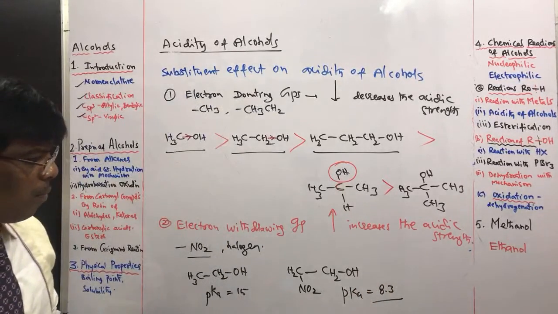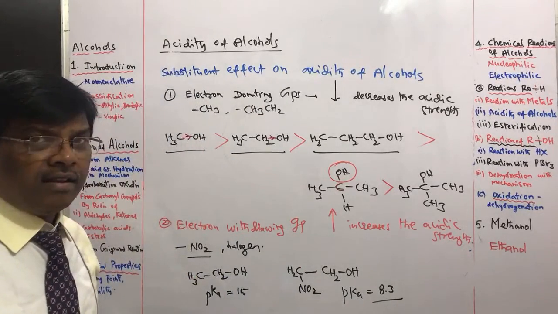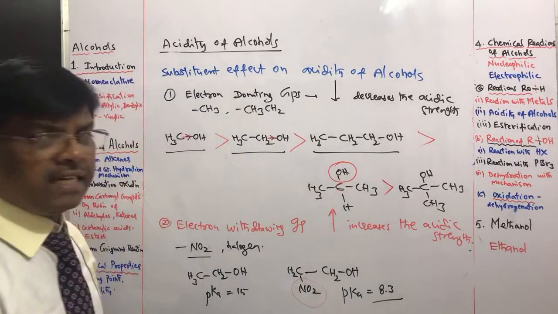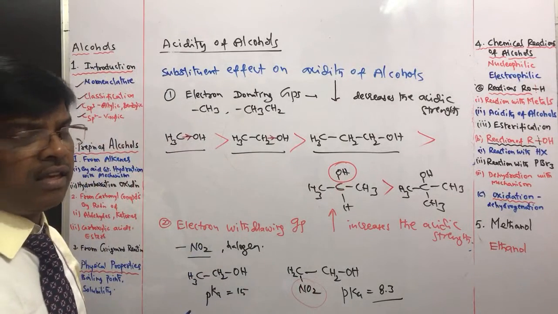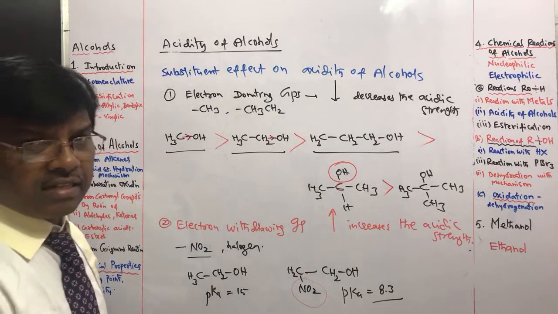So it is far more acidic than ethanol. This electron withdrawing group increases the acidity of alcohols. Yes, students, so this is the concept of acidity of alcohols.